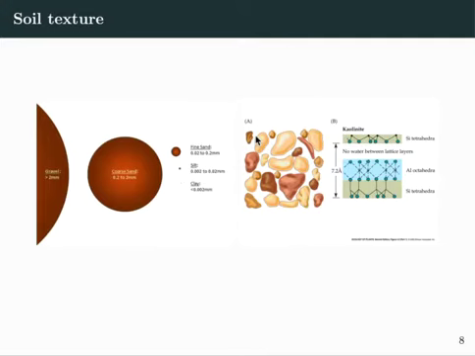Here we have the categories of soils that soil scientists and ecologists use. We refer to these as gravel, coarse sand, fine sand, silt, and clay. And those fractions of sand, silt, and clay are key to understanding soil texture and the characteristics of those soils.